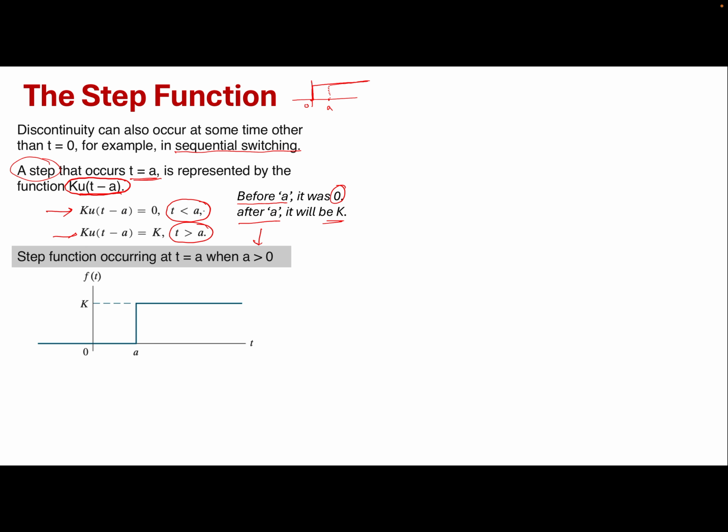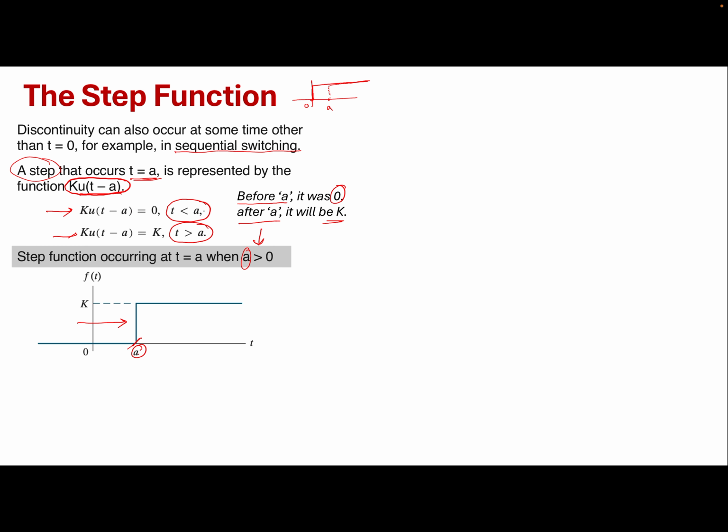Again, assuming the value of a, the switching time, to be some positive time after t equal to 0, if your switching is happening at t equal to a, your function will just get moved towards the right on the time axis. And why? Because your switching operation is happening at this time.